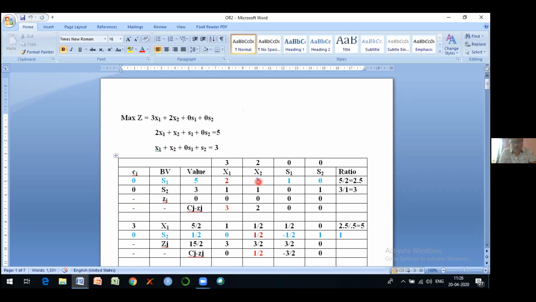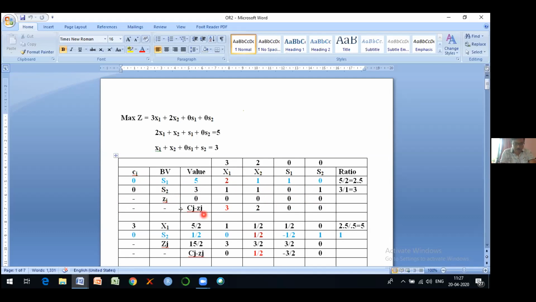In the same way, 1 into 0, this one into 0. So 0. Again, 1 into 0, 0 into 0, again 0. So what we are doing? We are just doing multiplication with this Cj value in every case. Here 5 into 0 plus 3 into 0, 0. Then for these numbers, 2, 1, 1, 1, 1, 0, 0, 1, we are getting the third row 0, 0, 0, 0, 0.